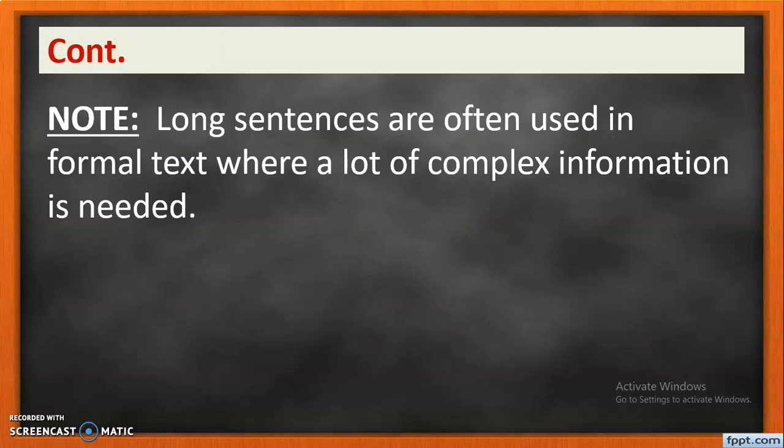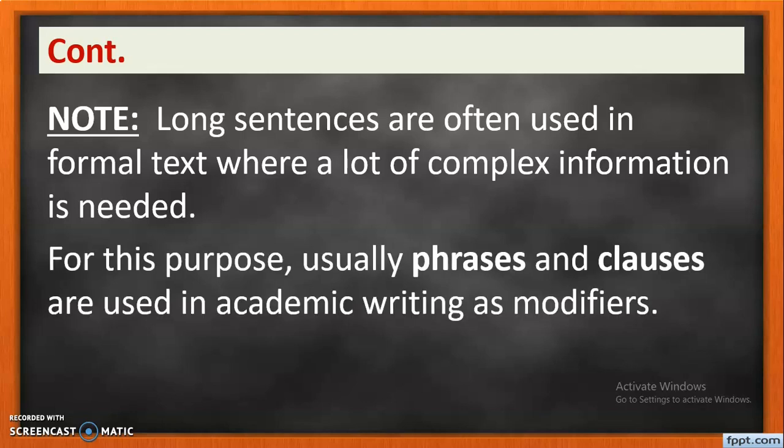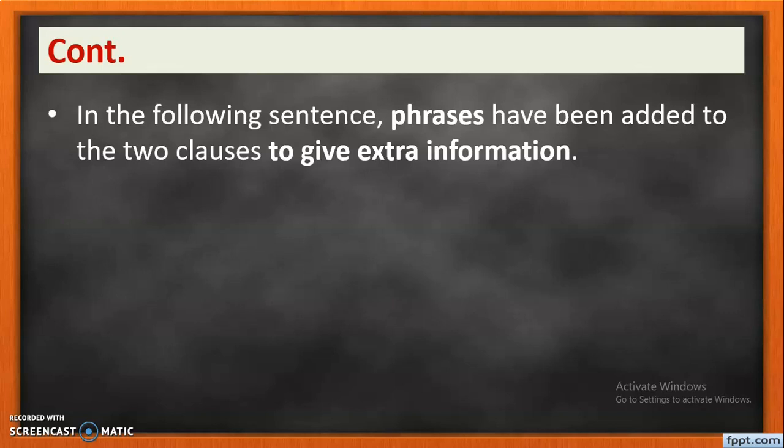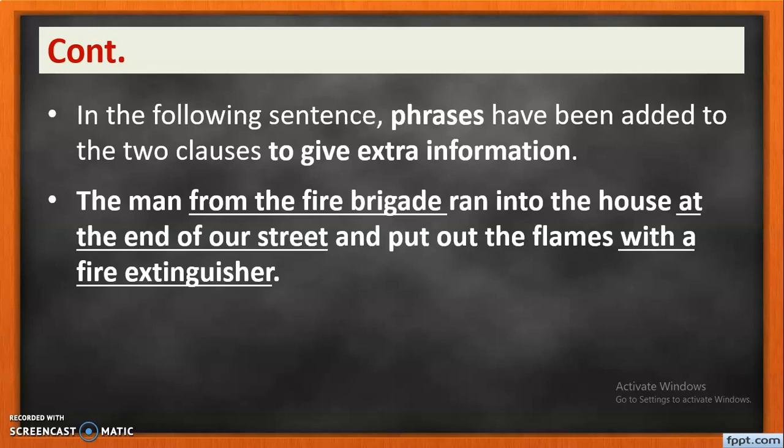So long sentences are often used in formal texts where a lot of complex information is needed. And for this purpose, we usually use phrases and clauses in academic writing as modifiers. Let us have an example. In the following sentence, phrases have been added to the two clauses to give extra information.